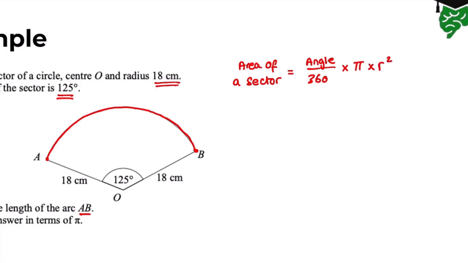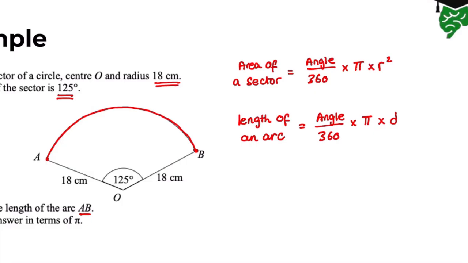When you're working out the length of an arc, you're going to use a similar formula. You're going to use the formula of angle over 360 multiplied by pi multiplied by diameter. Because again, angles in a circle add up to 360.